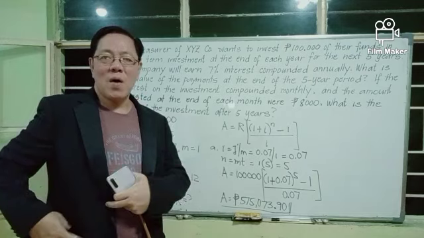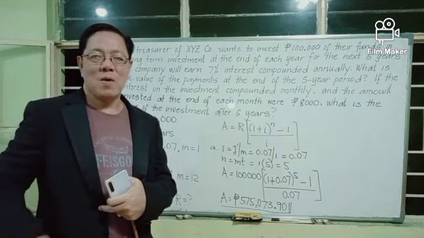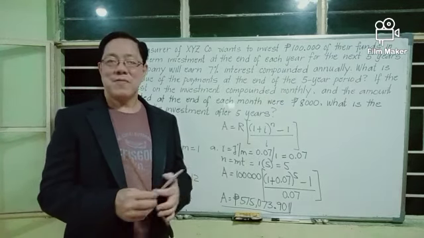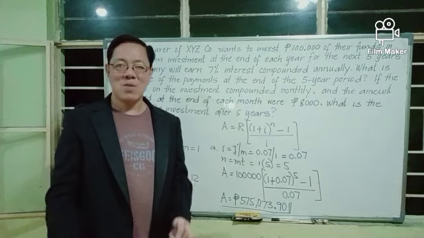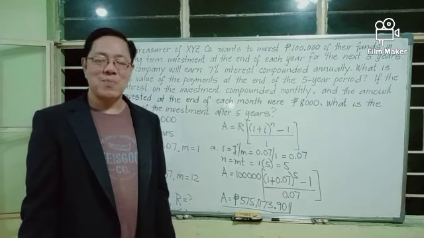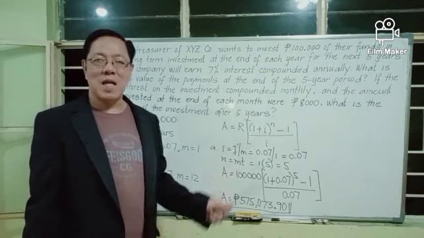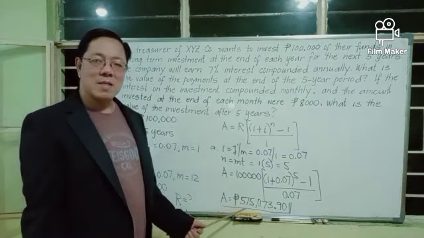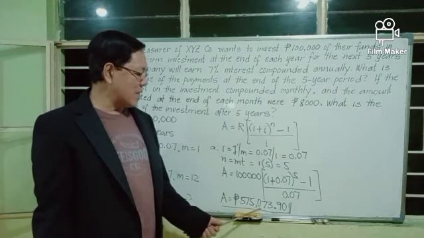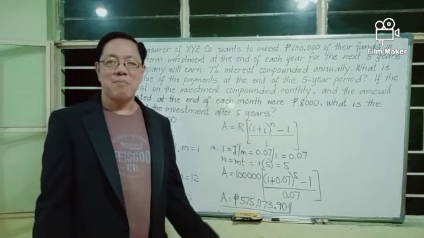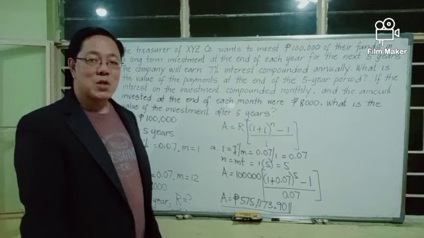Hence, the value of the investment that involves 5 payments of 100,000 pesos at the end of each year for 5 years with interest at 7% compounded annually is 575,073.90 pesos. Now we do letter B.